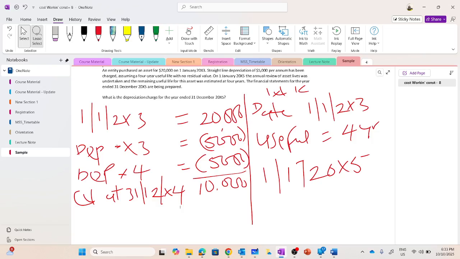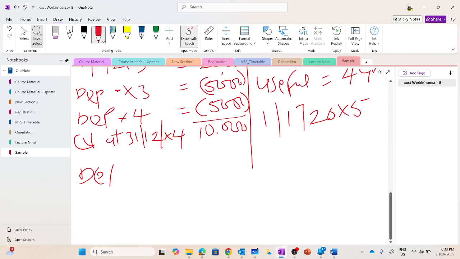So now our current year depreciation, the depreciation for 20x5, will equal 10,000 minus the scrap value, which is not given, divided by 4.